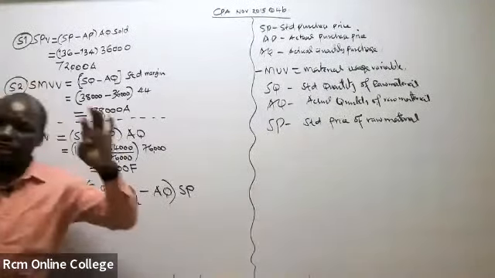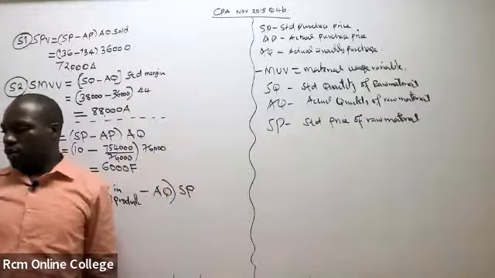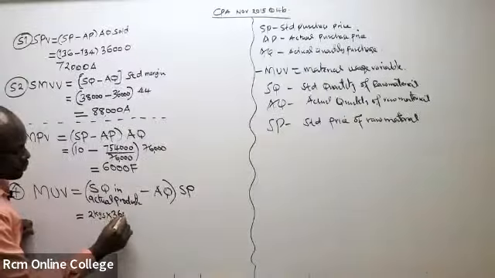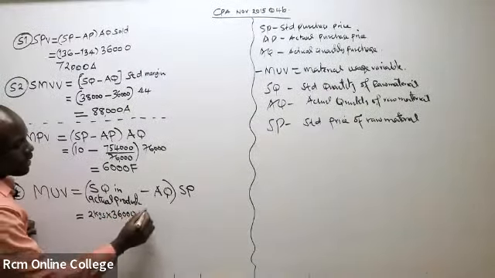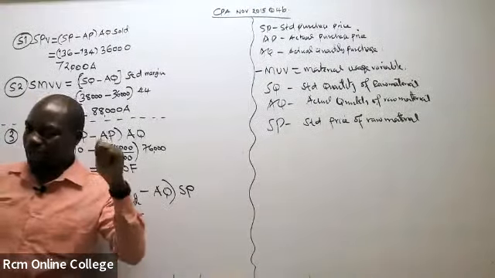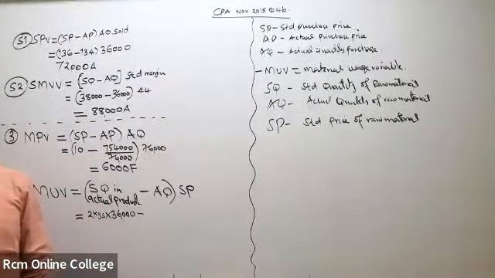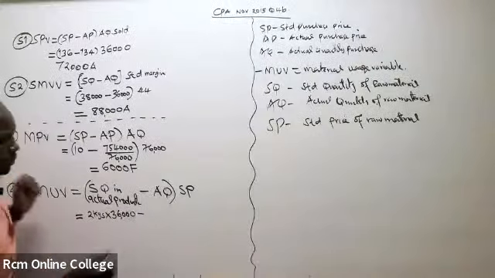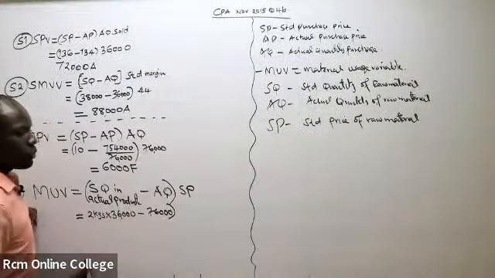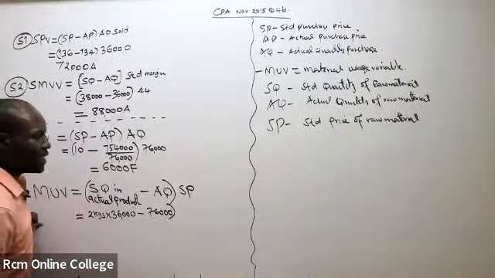We are producing finished product Q. So what is the actual production of product Q? 36,000. Then we less actual quantity of raw material. What is the actual quantity of raw material? 76,000. Then we need to multiply by standard price of raw material.